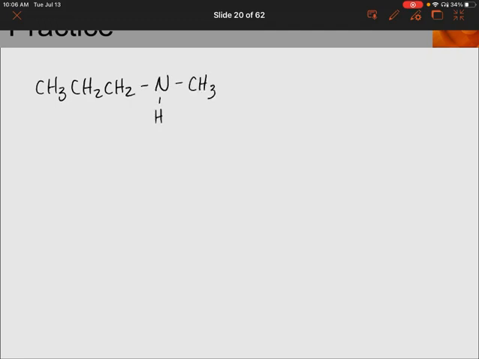So there's our first compound, and our second one looks like that. Okay, so go through, see if you can name these on your own first using both the common method and the IUPAC method, and then we'll go over it together.